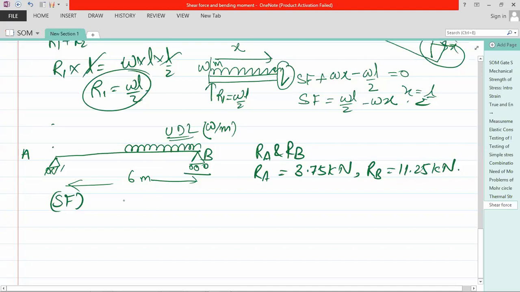Now, our first intention is to know how to draw the shear force diagram because you know how to find the reaction force. This is x is equal to 0. This is x is equal to 6, and the load is distributed over half, 3 meters.